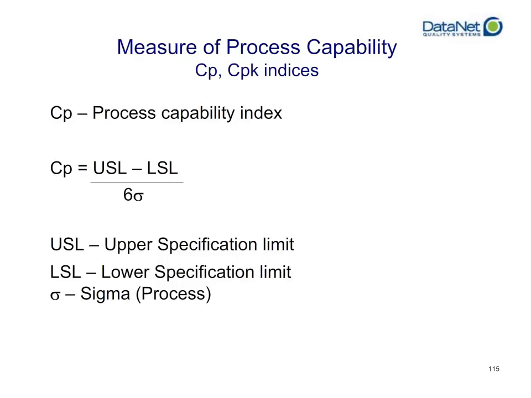So how do we measure the capability of a process? We have some key indicators that we can use to indicate how capable our process is. CP is one of the most commonly used numbers that is calculated, and that is the process capability index.